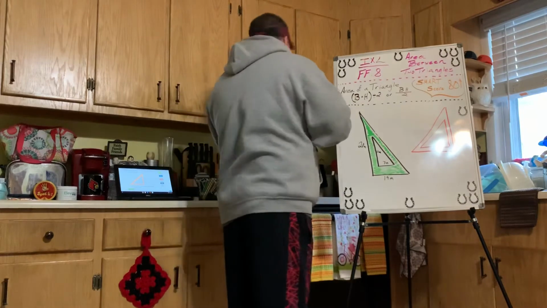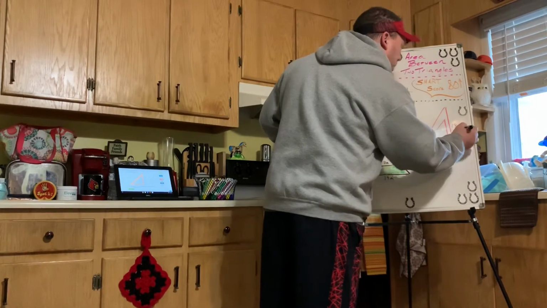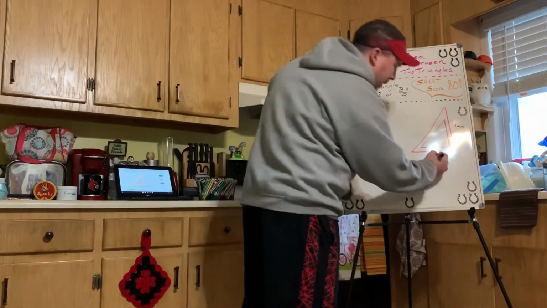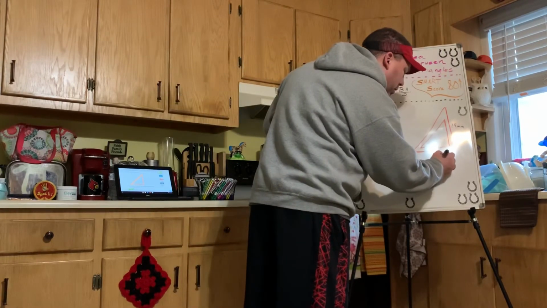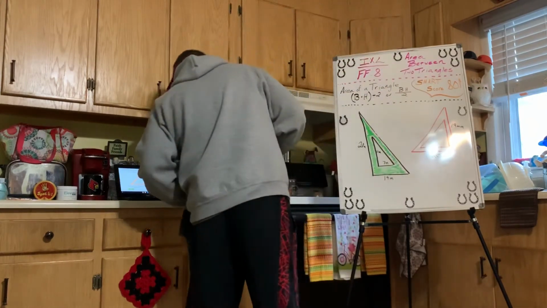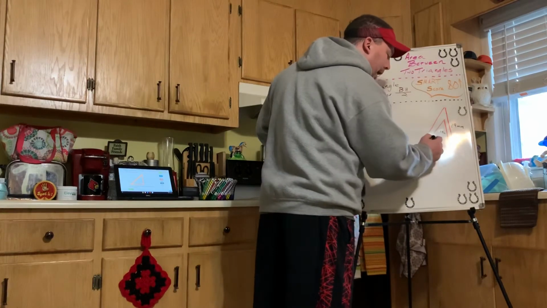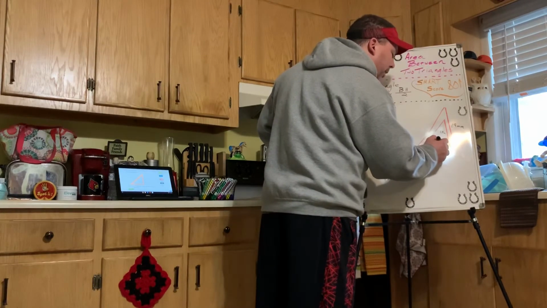We have a height of 19 millimeters and a base of 20 millimeters. And then for the smaller triangle, we have a height of 14 millimeters and a base of 15 millimeters.